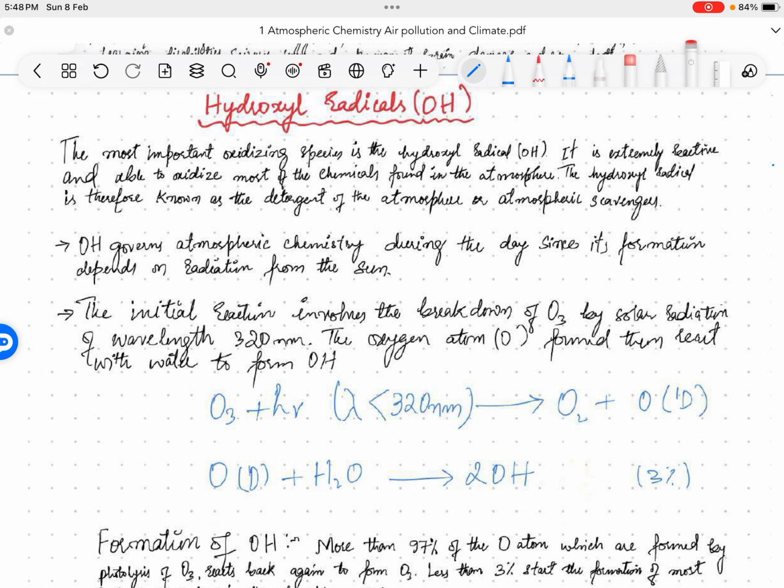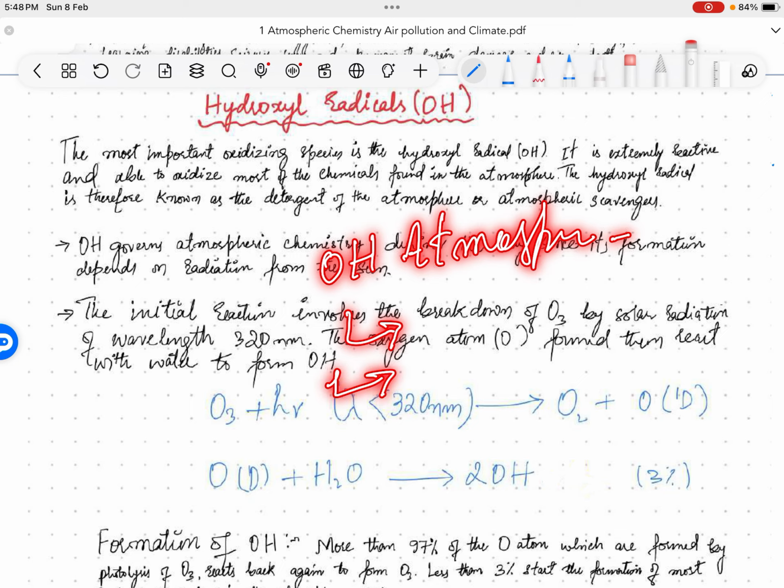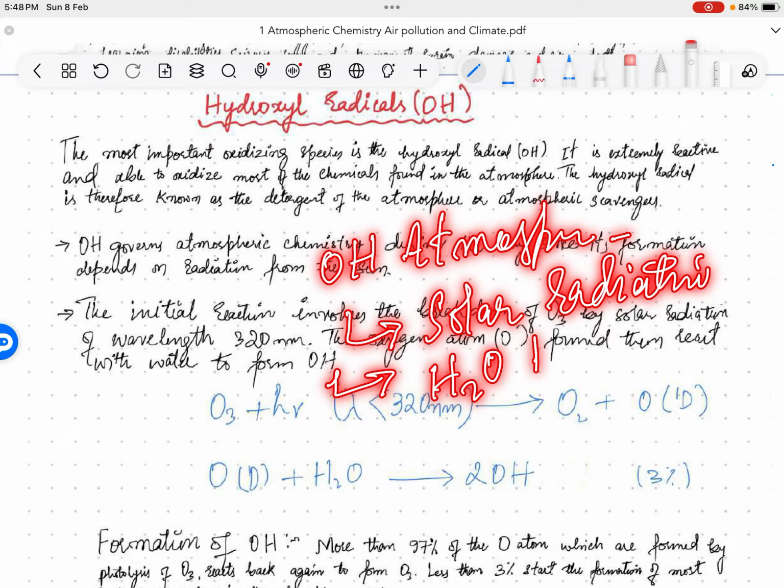Therefore, we can conclude from these reactions that the formation of OH radicals in the atmosphere depends on two important factors. One is the presence of solar radiation and the other is the water vapor present in the atmosphere.